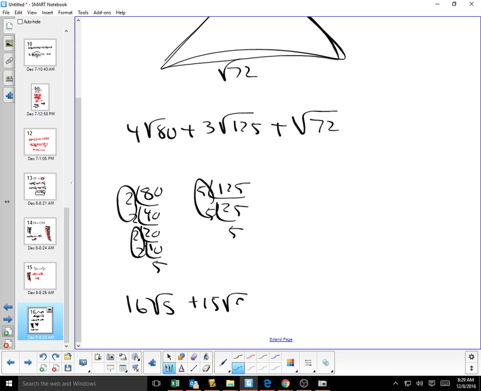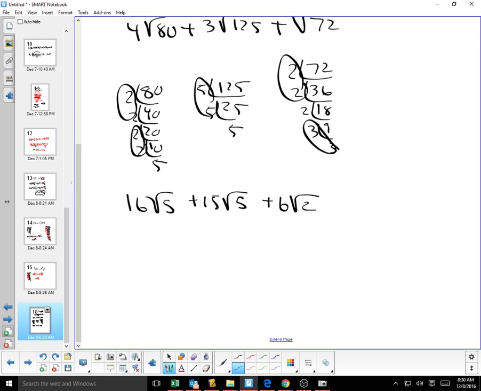Square root of the 5 left over. 72, 36, 2, 2, 9, 3, 3. So I'm going to have a 2 and a set of 3s, which is 6. So this will be plus 6 square root of 2. I can add those, which is 31 square root of 5 plus 6 square root of 2. That's it.